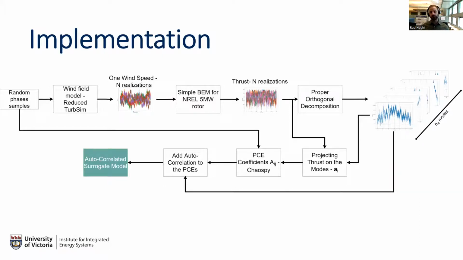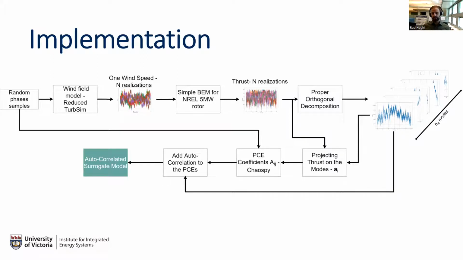And then for one simulation, we take a limited number of realizations. This means a limited number of the 10 random variables that we take. We calculate the loads on the NREL 5 megawatt rotor. And then we take it through the proper orthogonal decomposition. The output of proper orthogonal decomposition is a set of modes. It shows how the energy is distributed over different numbers of modes for the time series.